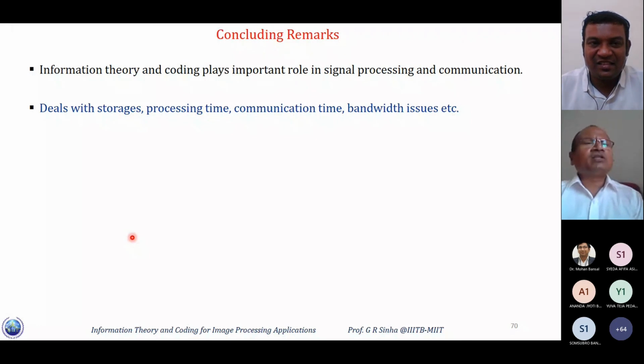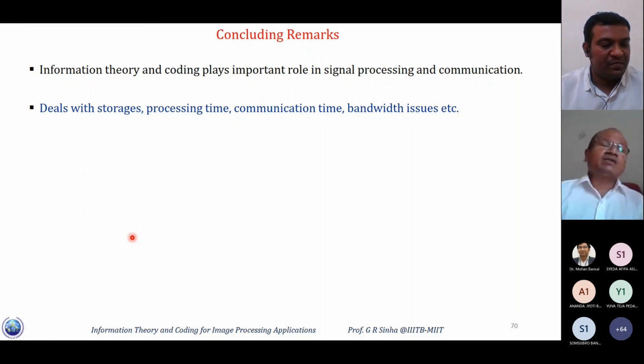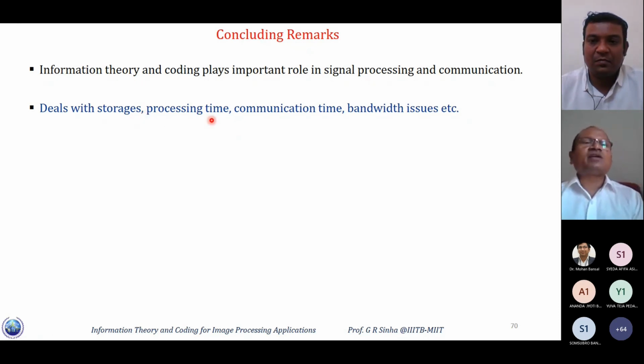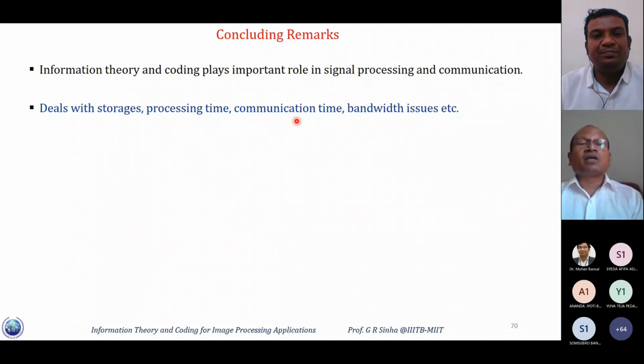So let me conclude that information theory and coding play a significant role in signal processing and data communication or data processing. The advantages mainly include storage efficiency, reduced processing time, and reduced communication time.